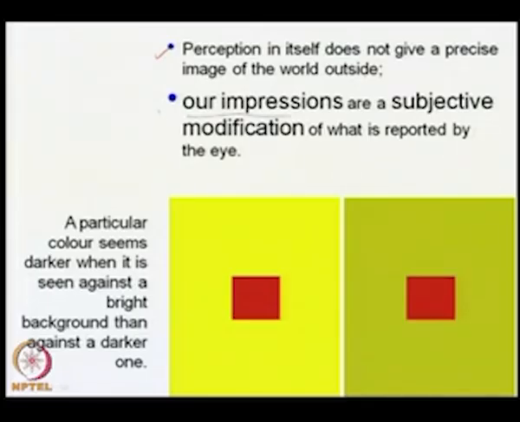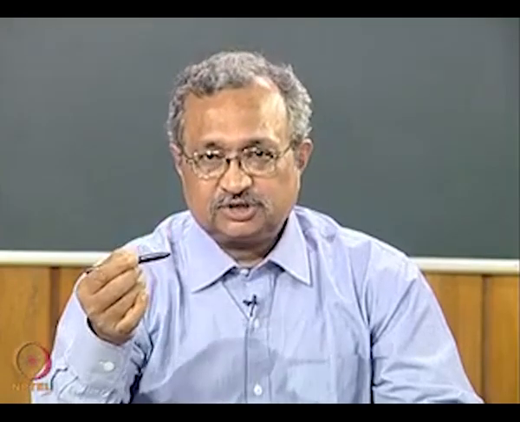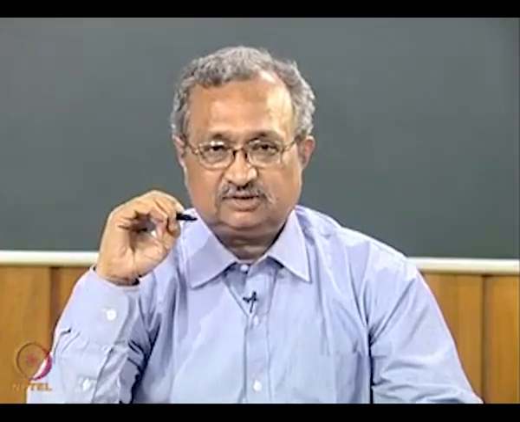Our impressions are a subjective modification of what is reported by the eye. Means, whatever we see as visual input goes through the eyes, the brain processes it and accordingly we perceive.